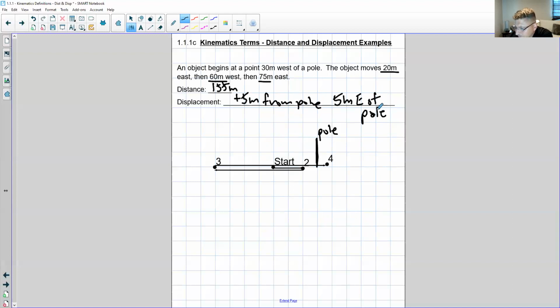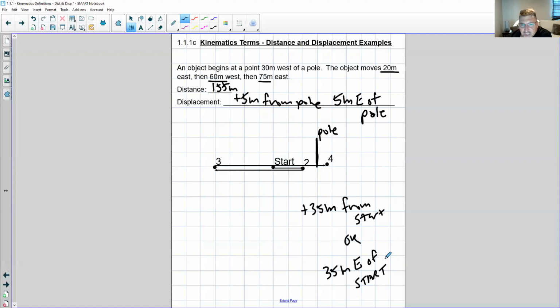We could also say we are plus 35 meters from start, or we could say 35 meters east of start. And all 4 of those things would be equivalent.